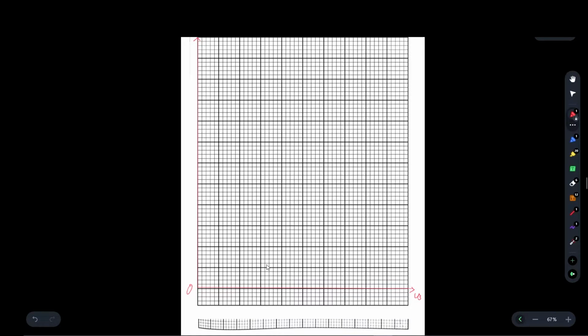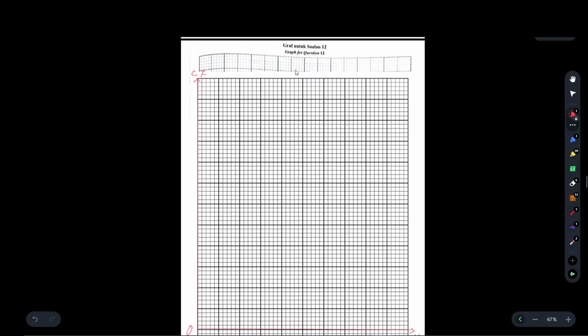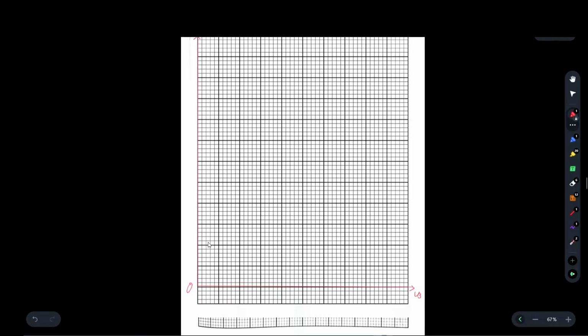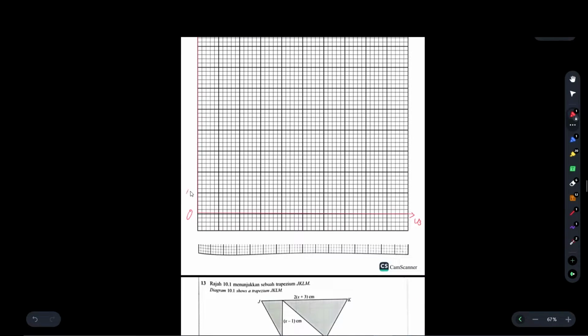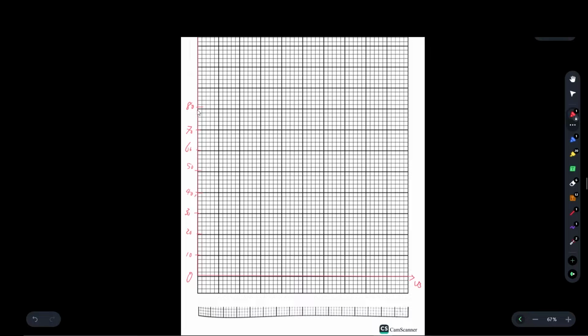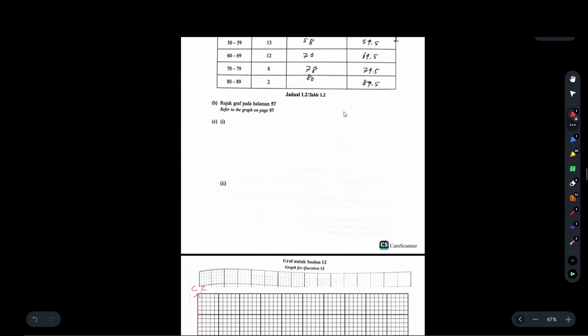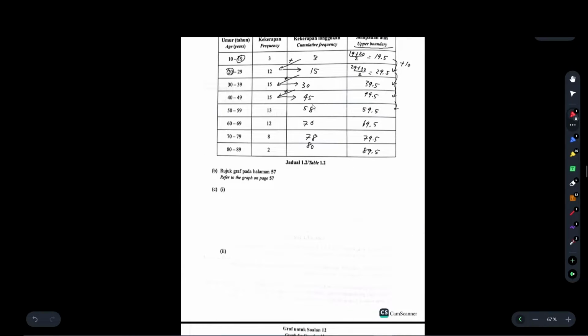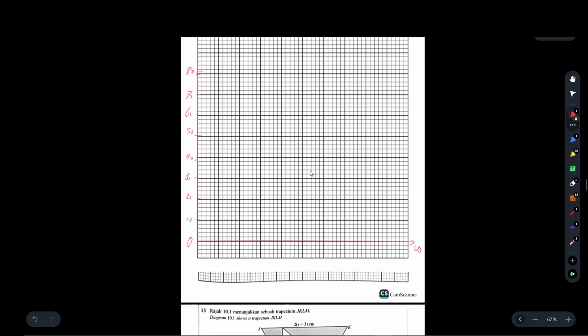Let's say 1 square represents 2 centimeters, because this is not the same graph as the one from the exercise book. So it goes to 10, then 20, 30, and 80. Let's just stop there. Why do we stop at 80? Because the total of the frequency is 80. So that's the maximum.